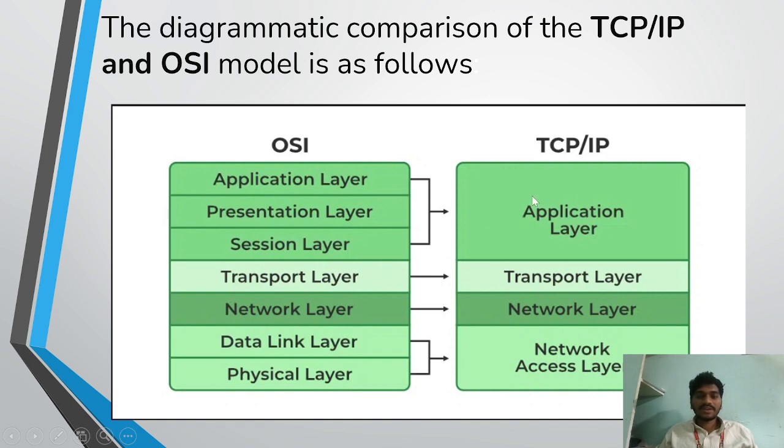TCP/IP mainly consists of the application layer, transport layer, network layer, and network access layer. In TCP/IP, the application layer is a combination of the application, presentation, and session layers. The transport layer and network layer are separate. The data link layer and physical layer are two separate layers in OSI, but in TCP/IP their combination is known as the network access layer.